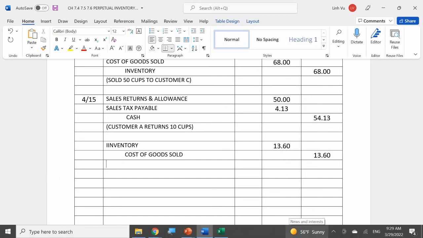So then again, in this case, I'm just going to say returned 10 cups. It doesn't belong to customer A anymore, so you simply put in that you end up returning those cups. Okay?